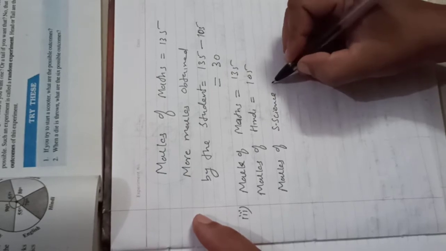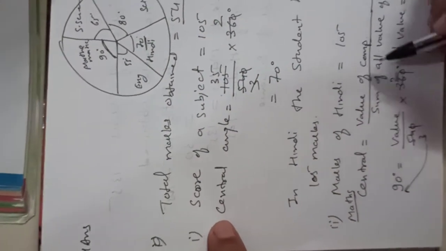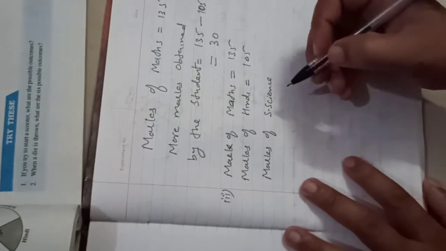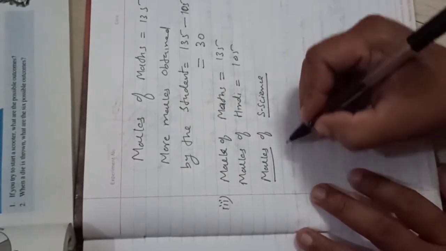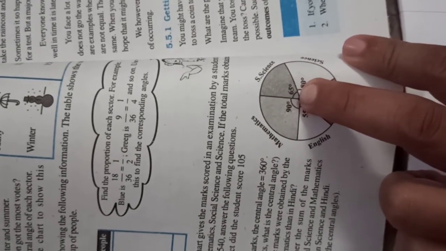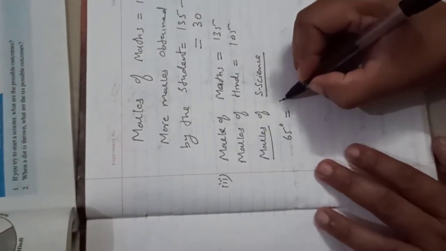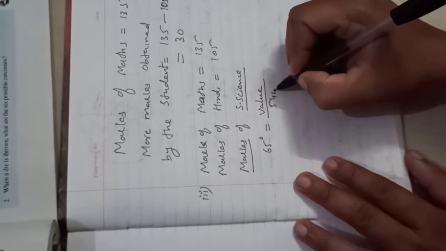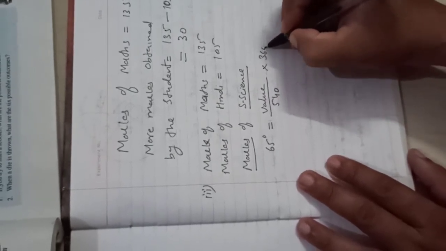So how will we find the marks of social science? With the same method: central angle equals value of component upon sum of the value of components, into 360. So here also we apply the same formula. For social science, the central angle is given as 65. So 65 degree equals value upon total, which is 540, into 360 degree.